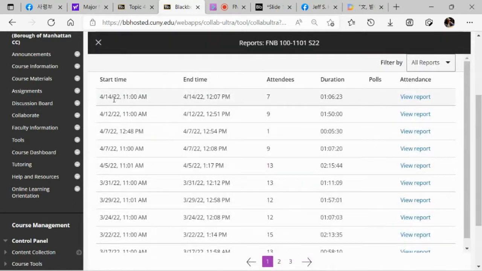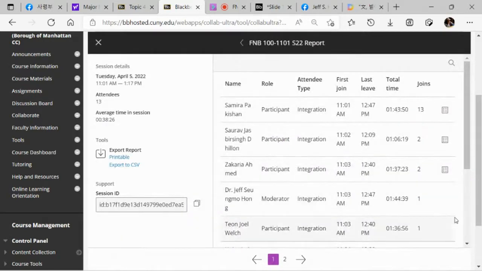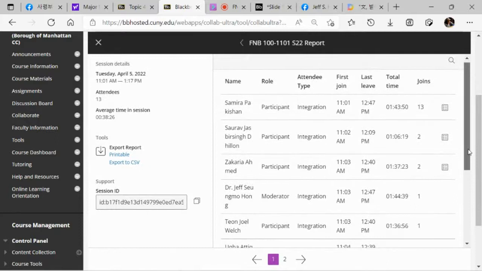So for example, April 14th, there were 7 people. And by the end, April 5th, there were still 13 people. And then you see, I can see who joined the session at what time and at what time they left, right?